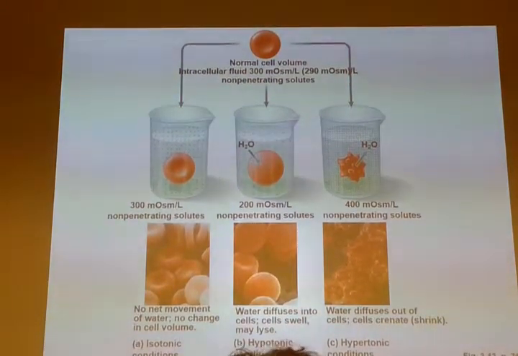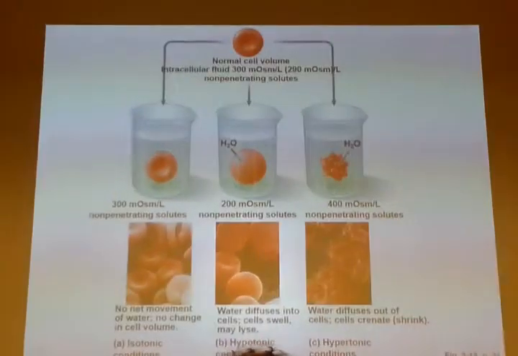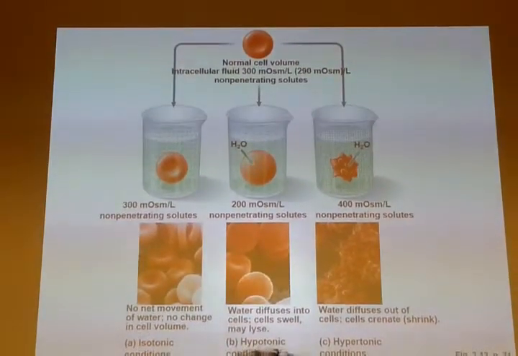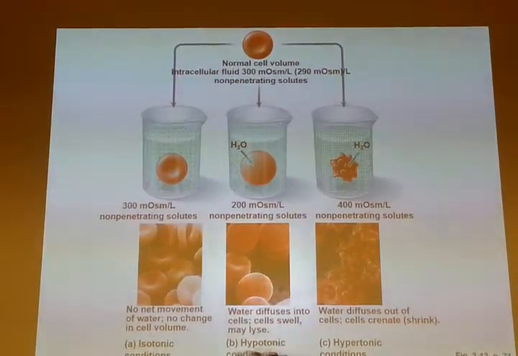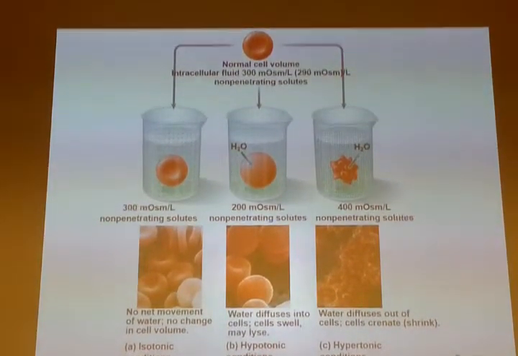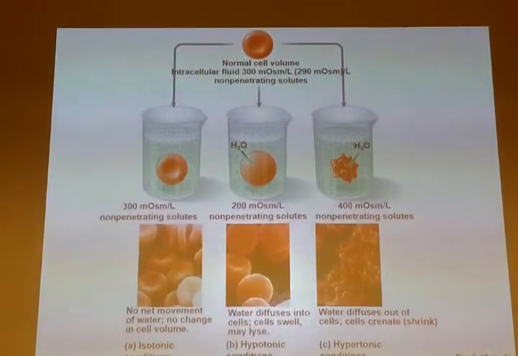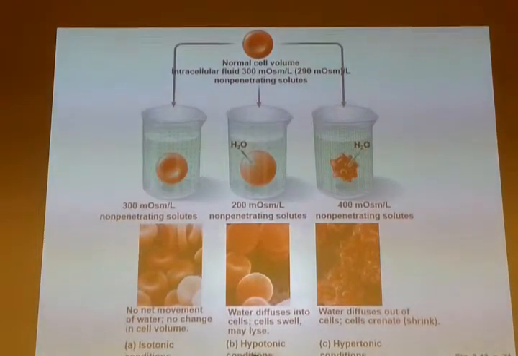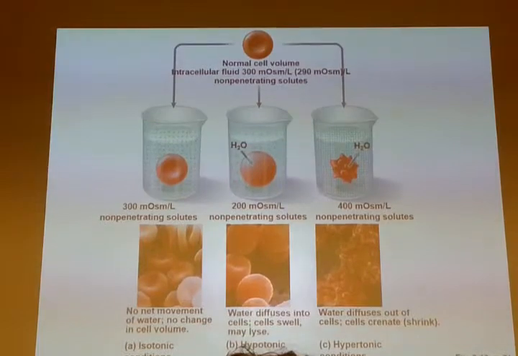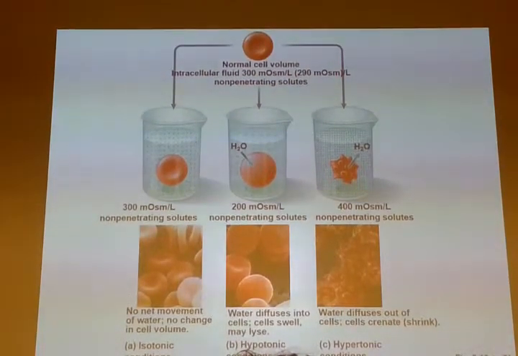So red blood cells and all other cells have a capability to move solute out. If you put them into a hypotonic solution at 200 milliosmoles, they may survive because they can move enough solute out so that inside they become less concentrated in solute.